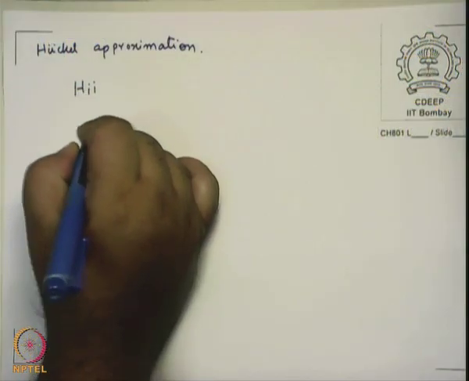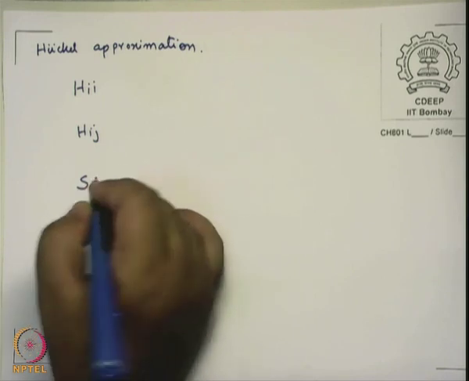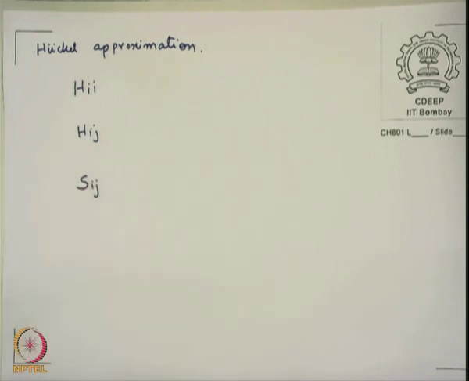See, HII is one thing, then you have HIJ, and then you have SIJ. Now, can you tell me what is the value of HII? What do we call HII? What do we call HIJ?